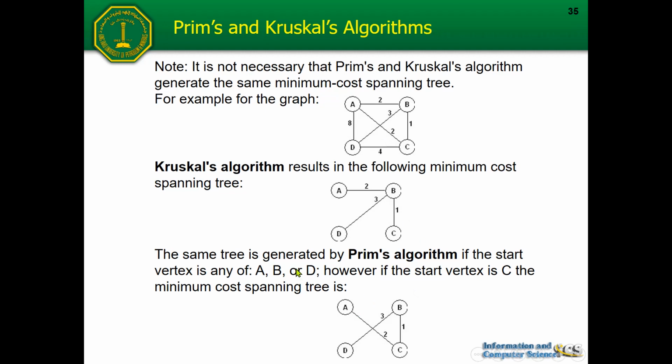Let's look at this. The total cost of this spanning tree is 6. The total cost of this spanning tree is also 6. So they will generate spanning trees with the same cost, because that is the minimum one. You cannot have a different minimum cost for the spanning tree generated by Kruskal's and Prim's algorithm. The minimum cost must be the same, but the trees can be non-unique.